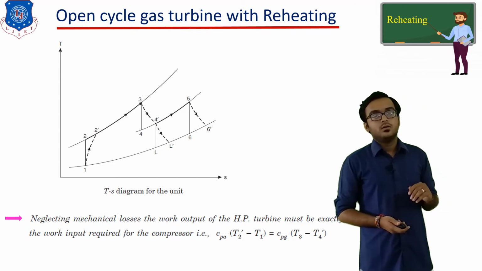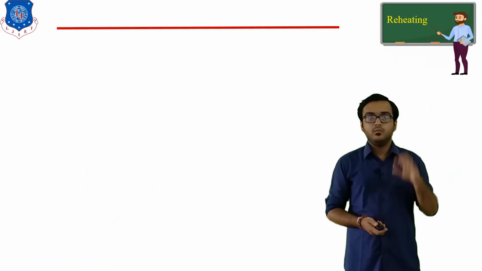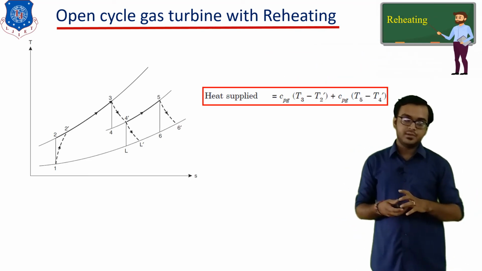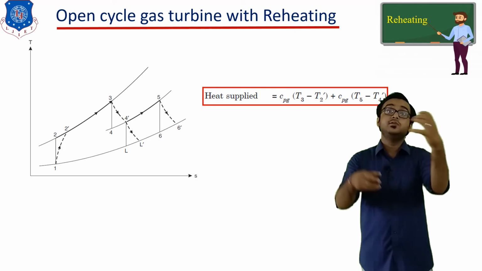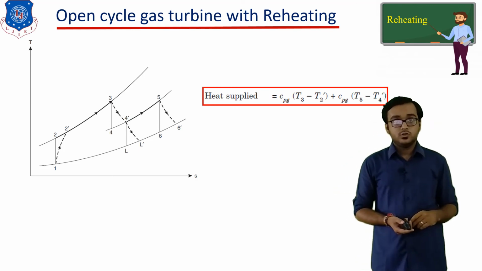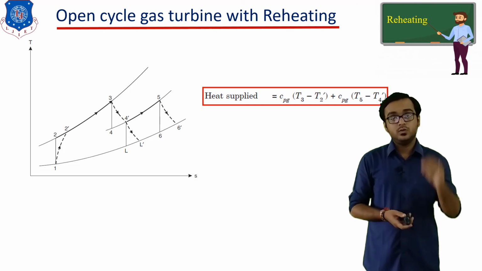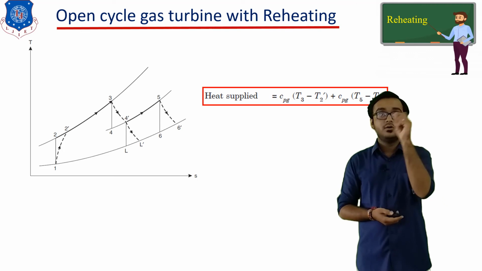Okay. Then in this diagram, the heat supplied to the combustion chambers is nothing but the summation of heat supplied in the individual combustion chambers. Here we have two combustion chambers with us. So total heat supply is equal to heat supply in combustion chamber number 1 plus heat supply in combustion chamber 2.